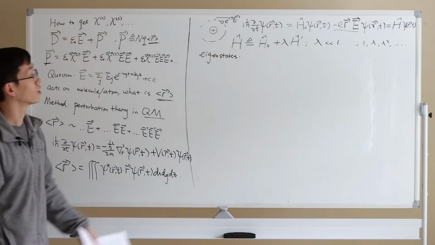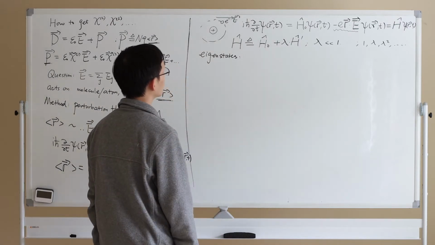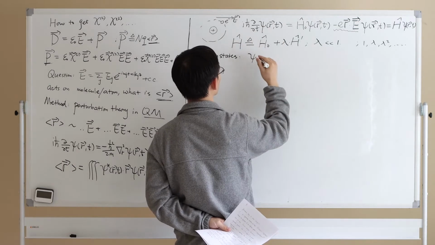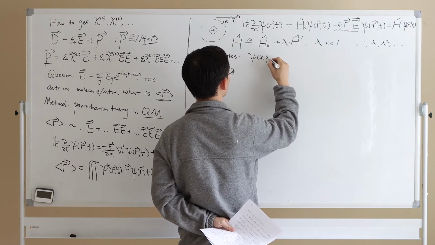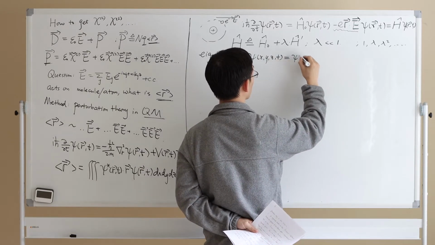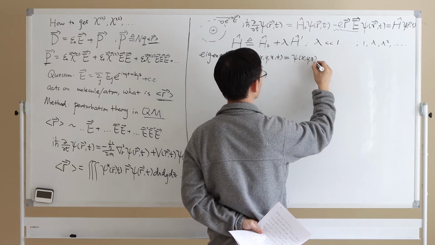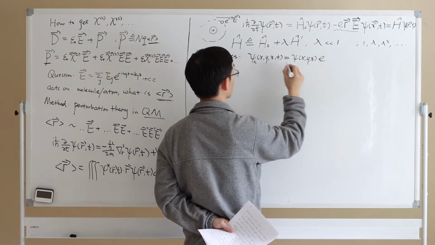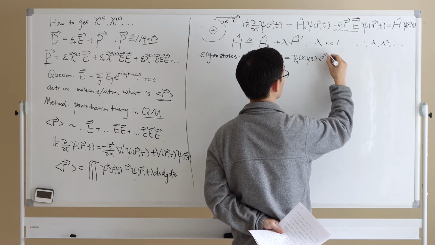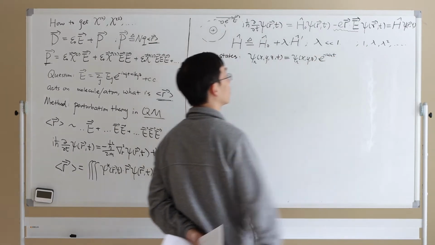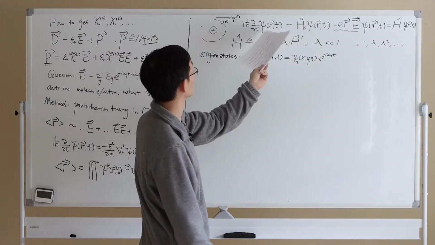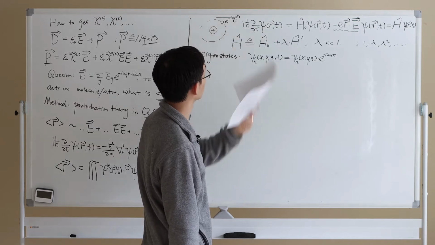When you see a differential equation like this, you can define the nth eigenstate, because there could be many eigenstates, as a function of x, y, z, and then e to the minus i omega n t, right? When you do this, this will come out, and then on the left-hand side it will be h bar omega.